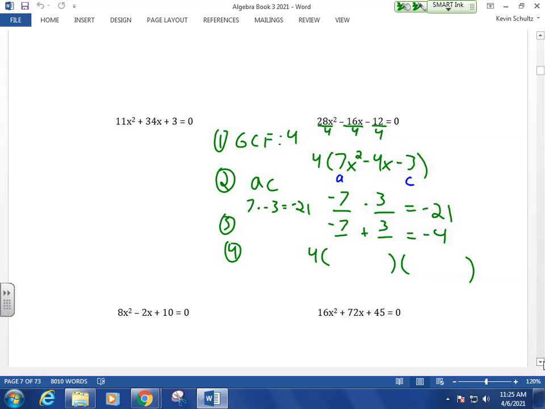And the reason why we do that, if they both start the same way, that means it doesn't matter which one gets the -7 and which one gets the 3. Because at the end, it's going to matter what the constants are. But by starting each of them the same, we can put the -7 in either one and the +3 in either one. Because in step 5, here's where we kind of fix it.